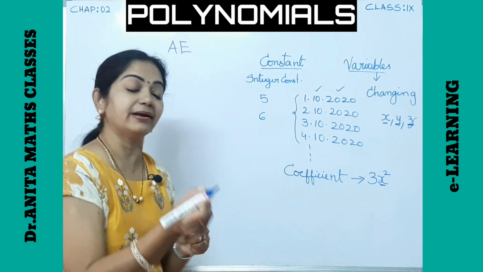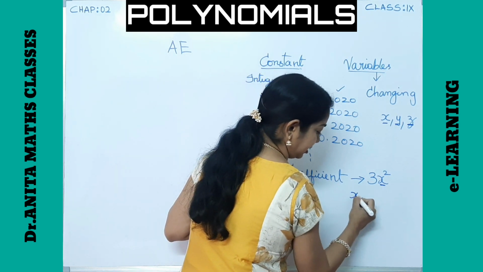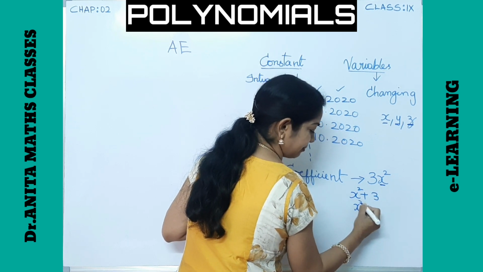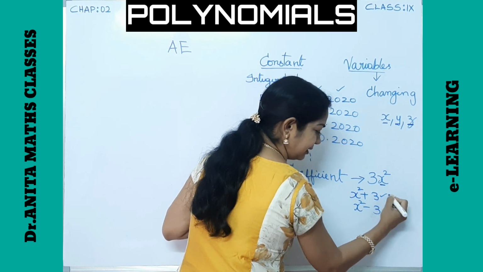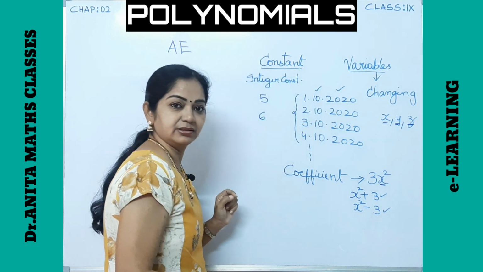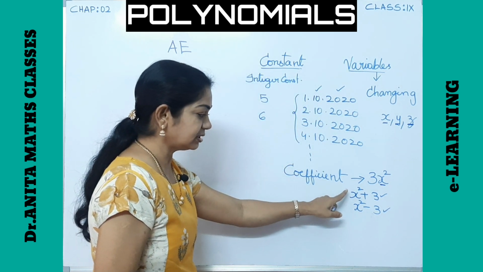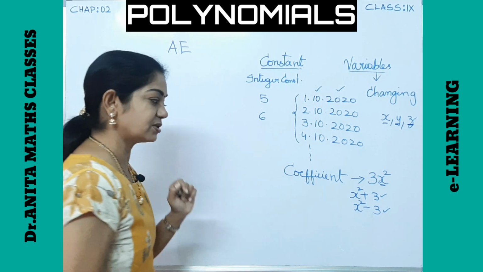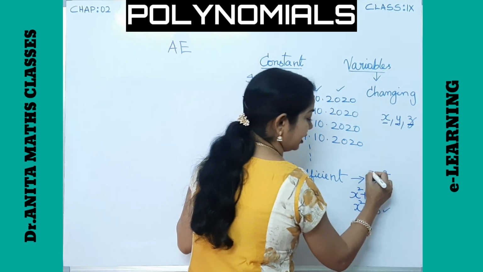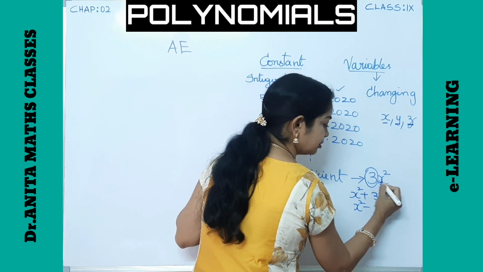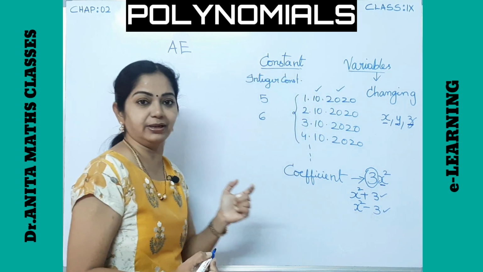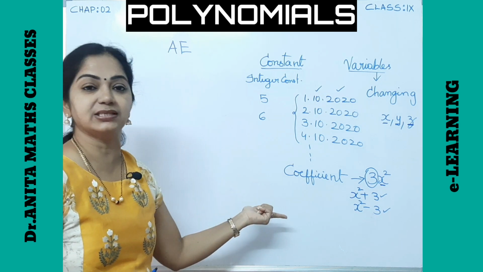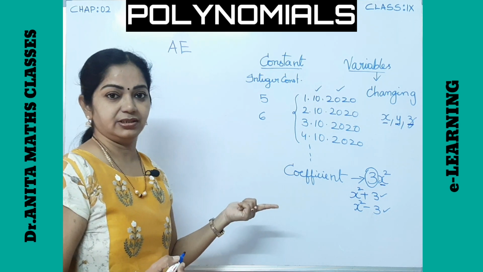If the number is added, that is, if I say x square plus 3 or x square minus 3, this will become a constant, as it has been added or subtracted to the variable. It is not a coefficient. When I call it a coefficient, it should be multiplied to the variable. The number attached, that means multiplied to the variable, is called a coefficient, right?